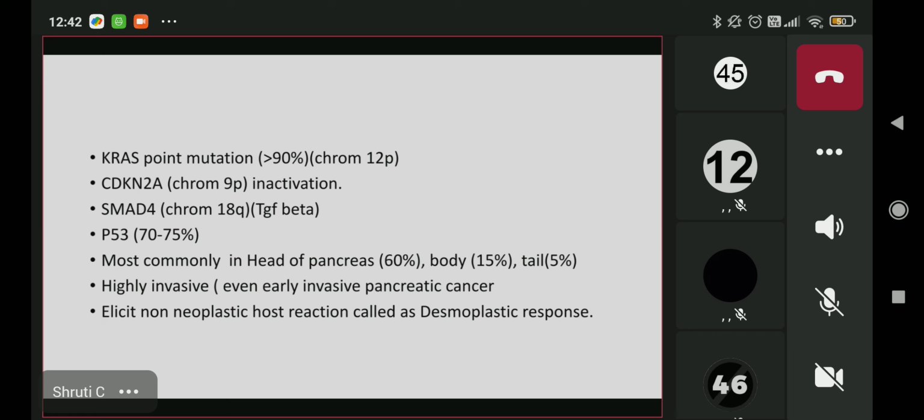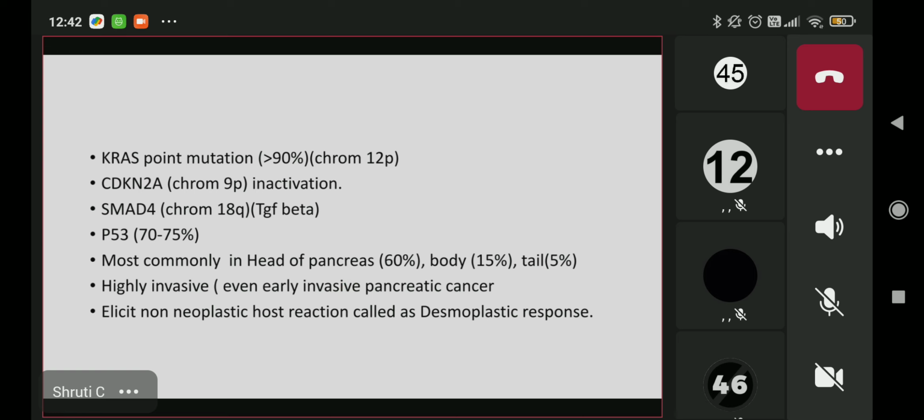Now, most commonly it is in the head of pancreas in 60% of cases, body 15%, and tail 5% of cases. It is a highly invasive tumor, and it's important to remember that even very early pancreatic cancer is highly invasive, and maybe that accounts for the bad prognosis.